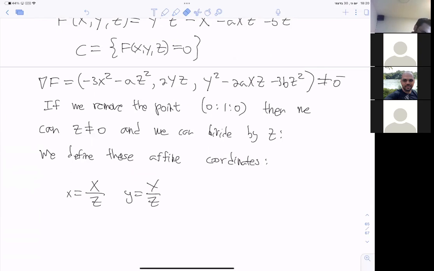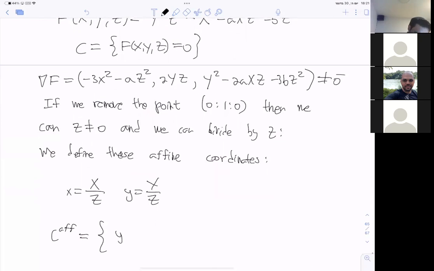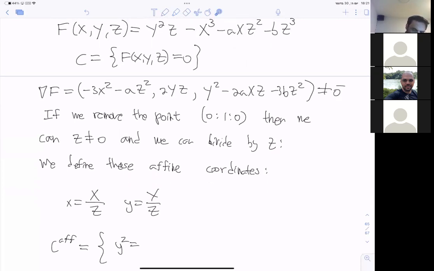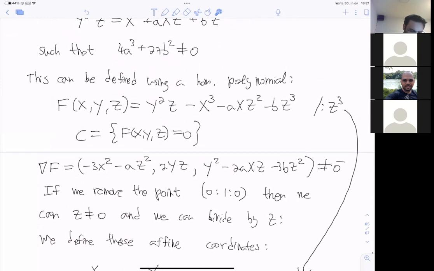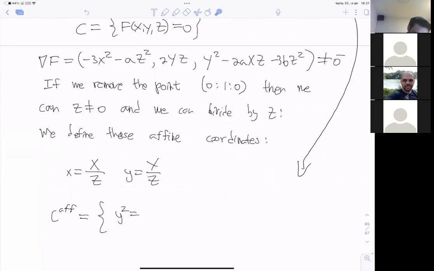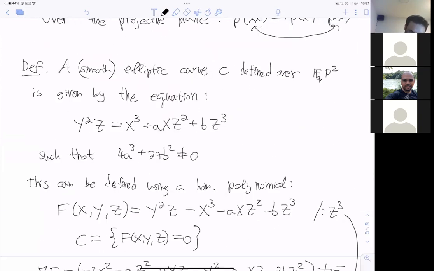So C in the affine form, and this is maybe the starting point of many cryptographers, is y squared. I'm dividing by z to the power of 3.